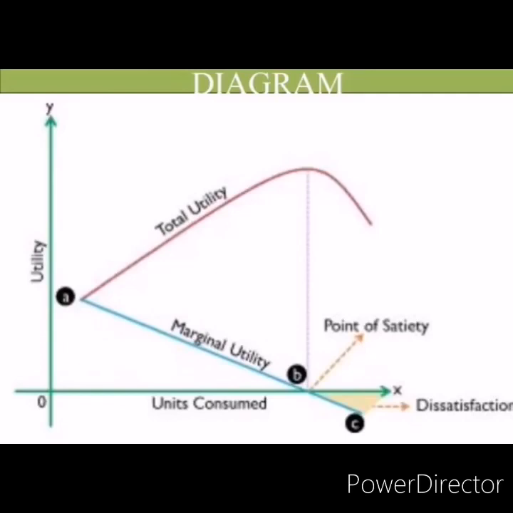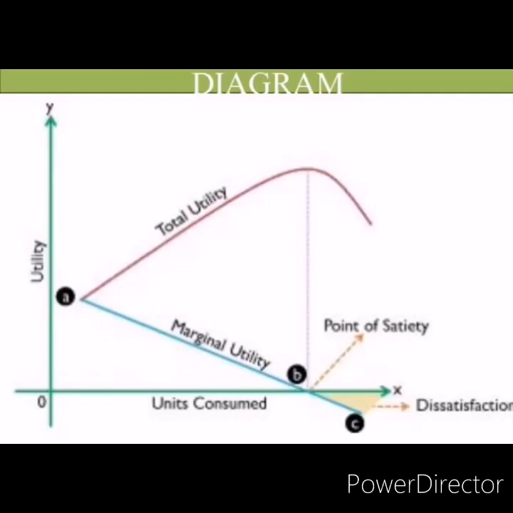And if somebody asks us what is the relationship between the marginal utility and total utility, we can say that whenever the marginal utility is decreasing but positive, at that time the TU increases at a diminishing rate.